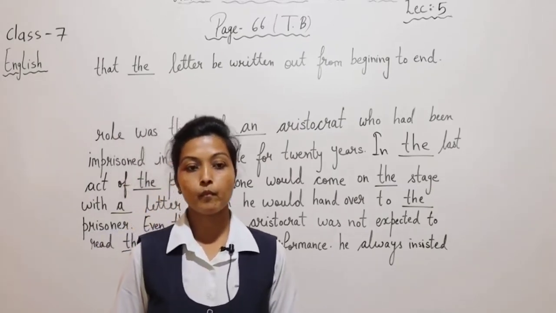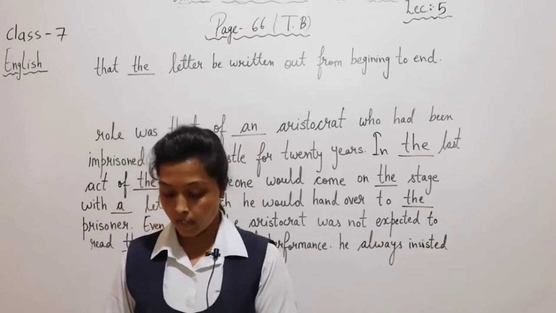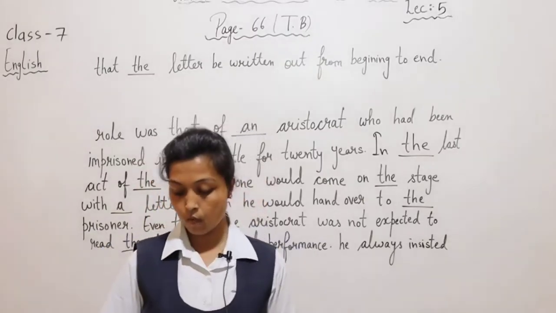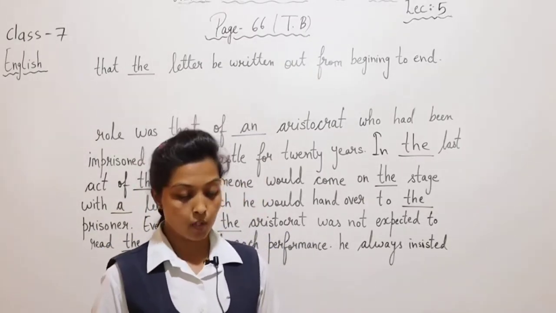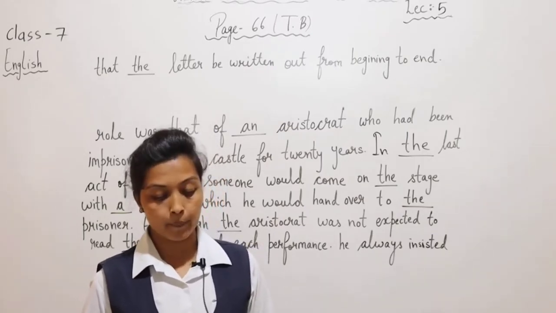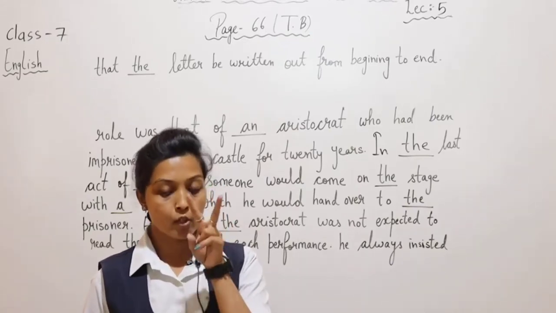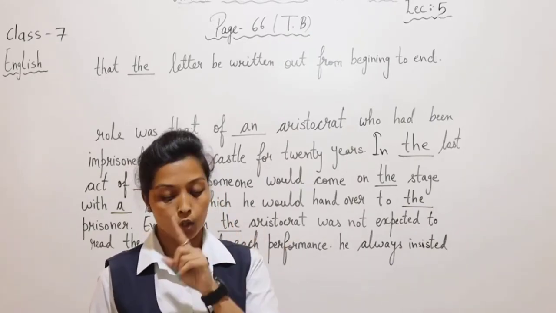Now in the next page exercise 6 is given. So just now I am first reading it out. Encircle the correct article. Nina was looking for, now see in the brackets two options are given, a or the.